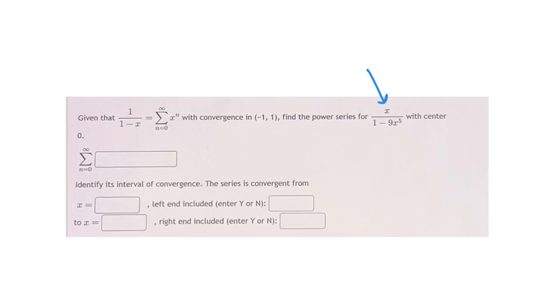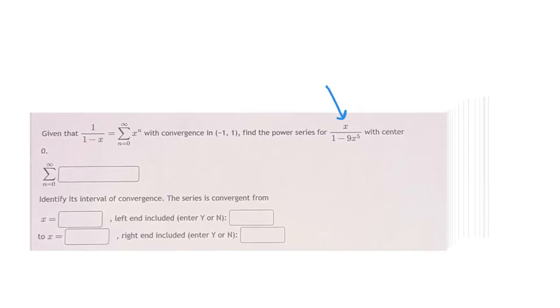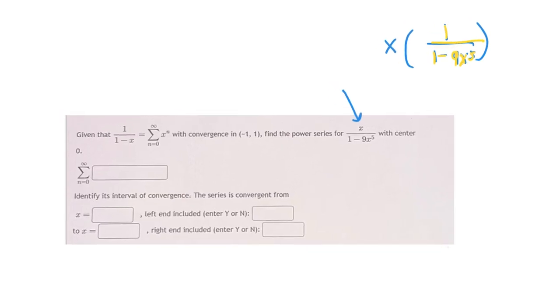But the good news is you can take the x off to the side temporarily here. And then just treat the yellow part in such a way that you would match it with this. Now we have 9x to the 5th obviously as our stand-in for that.